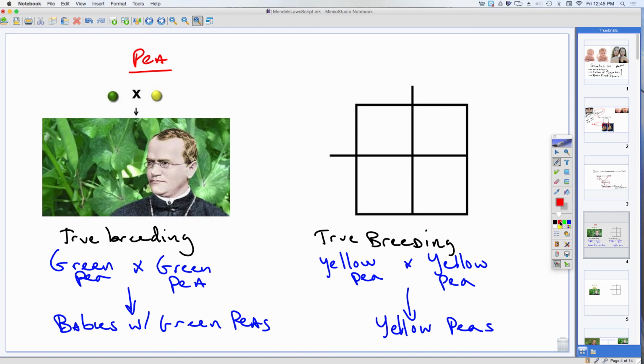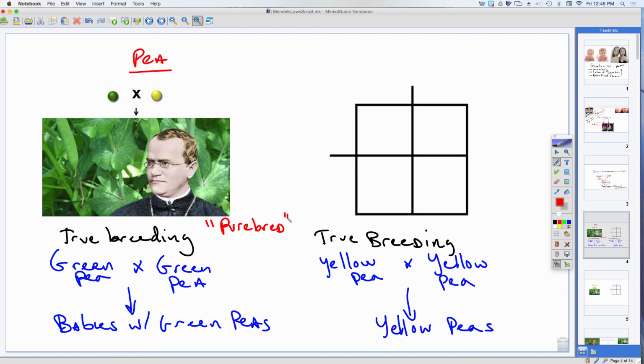And the word that you might be more familiar with, rather than saying true breeding, is the word purebred. He said they're purebreds. Green pea-producing plants crossed with green pea-producing plants always produce green pea babies. And yellow pea-producing plants crossed with yellow pea-producing plants always produce yellow pea babies.